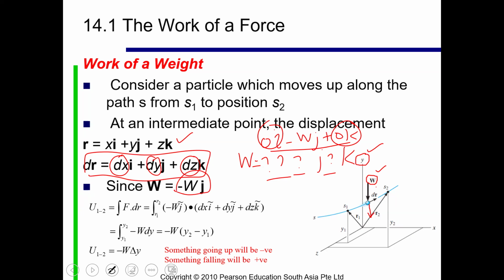So after that, we know the formula. I know that the work done can be calculated by using this formula. I know that force in this case is equal to minus Wj, and I know the value of dr is equal to this vector, which is change in x i plus change in y j plus change in z k. So students, dot product of these two, how do we get only this?